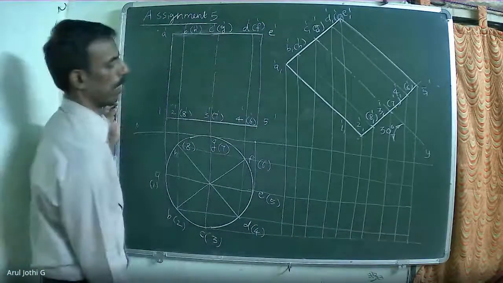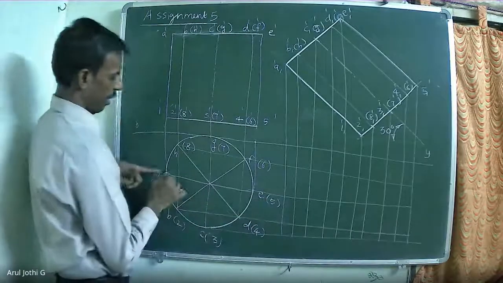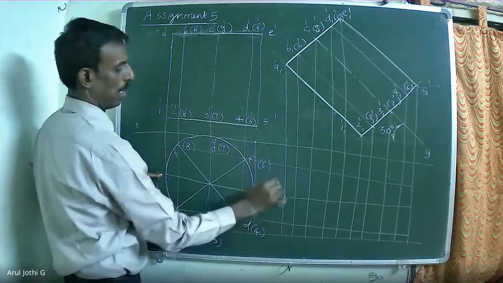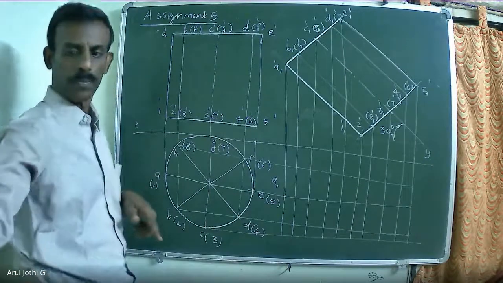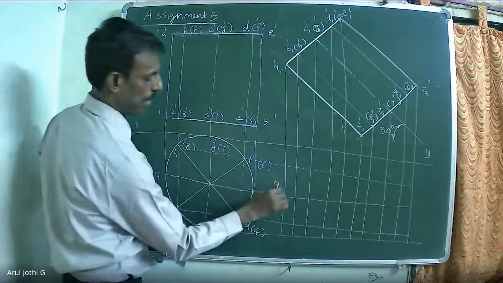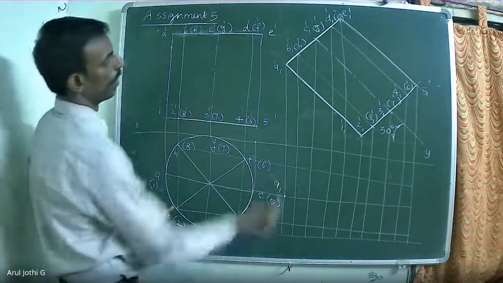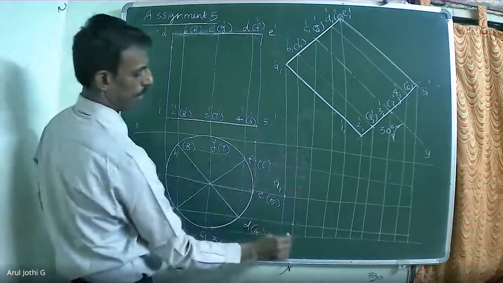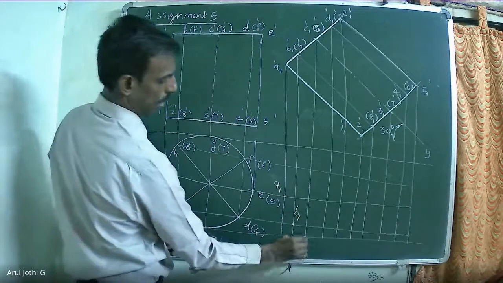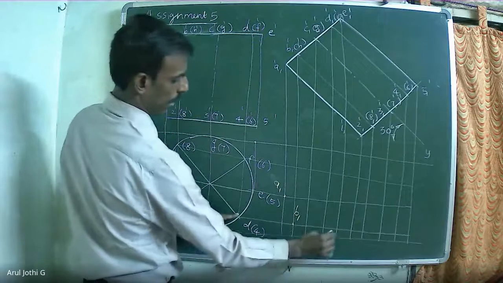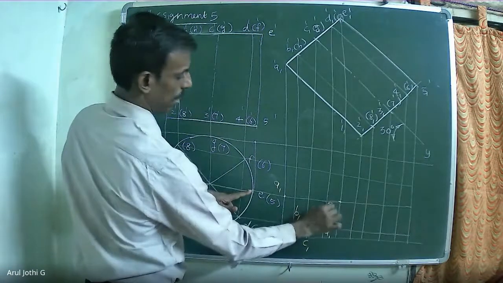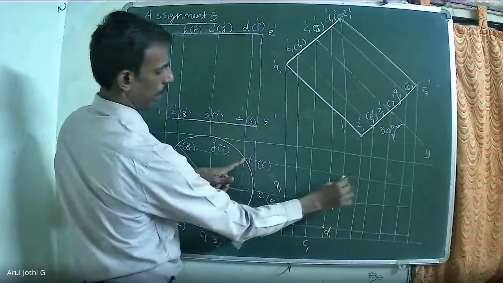Now mark the intersection points. Section A and A1 dash. Section B horizontally and B1 dash. C and C1 dash. D and D1 dash. E and E1 dash.